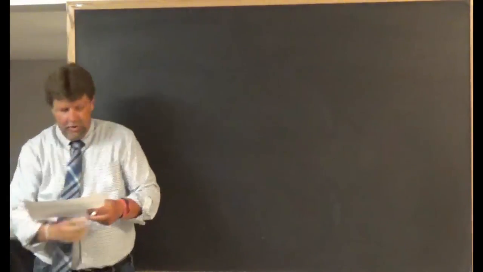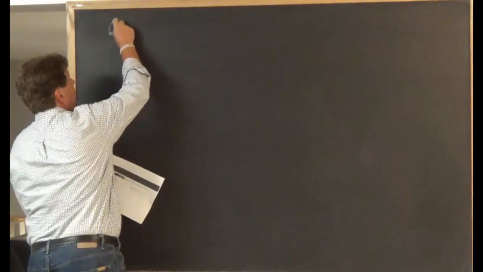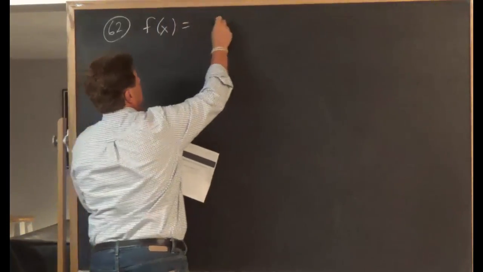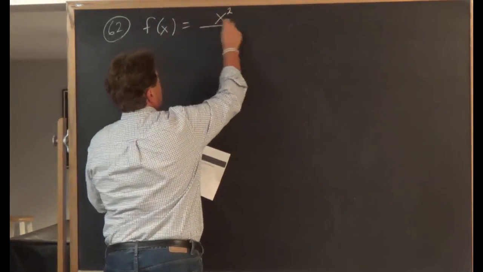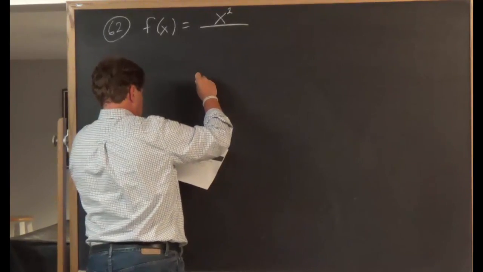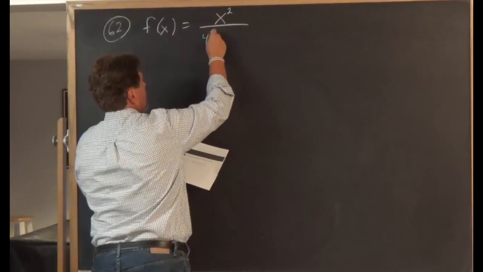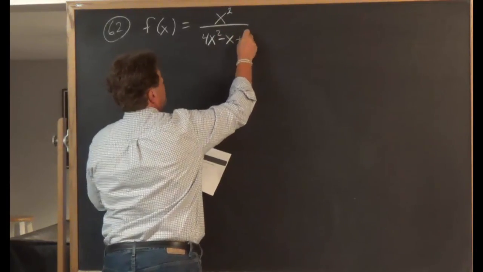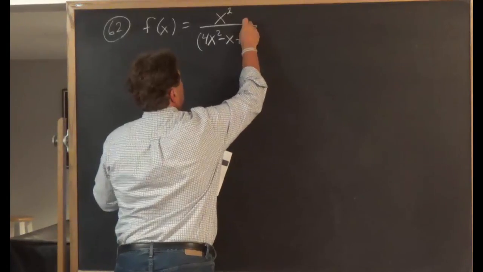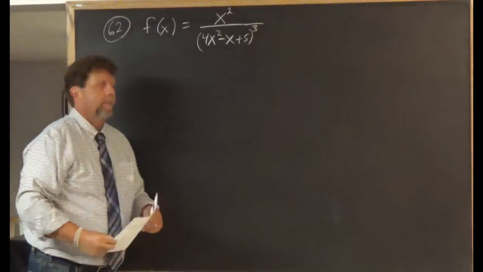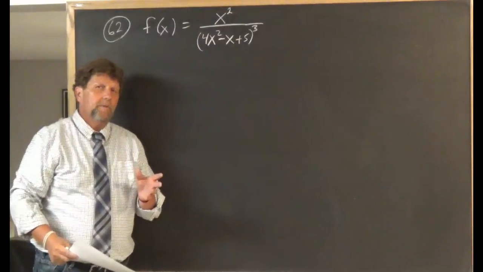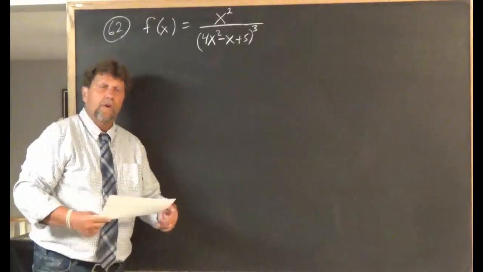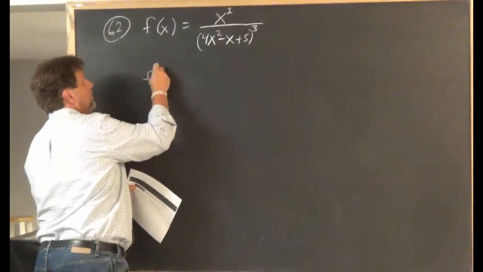So for 62, you were asked to differentiate the function x squared over 4x squared minus x plus 5, all that's to the third power. All right, now check this one out. Got to use an old rule, the quotient rule. So here we are using the quotient rule.